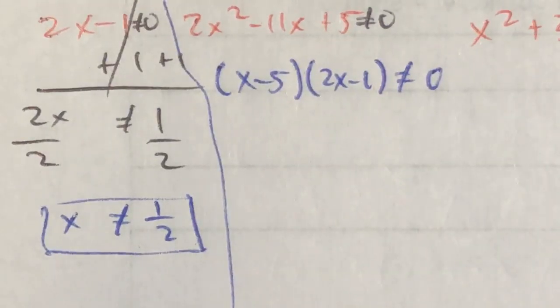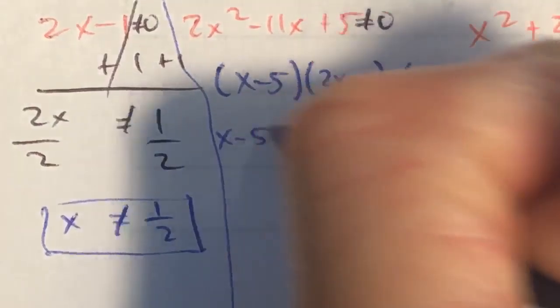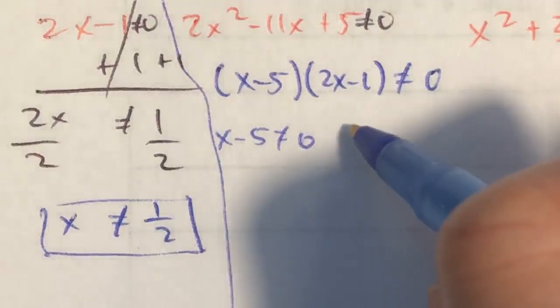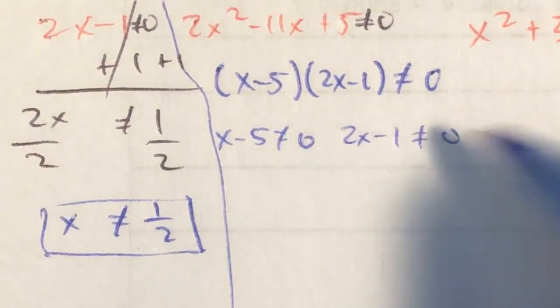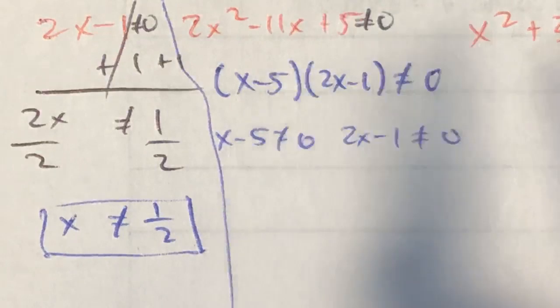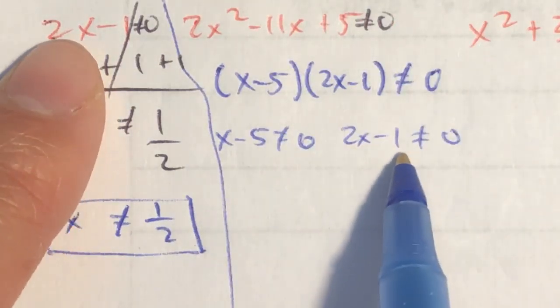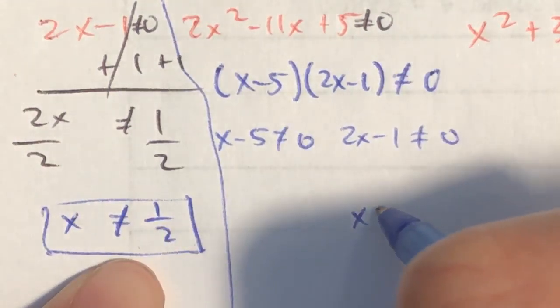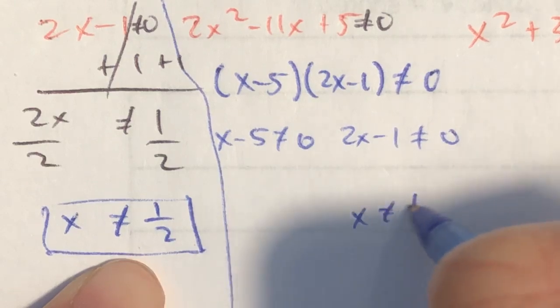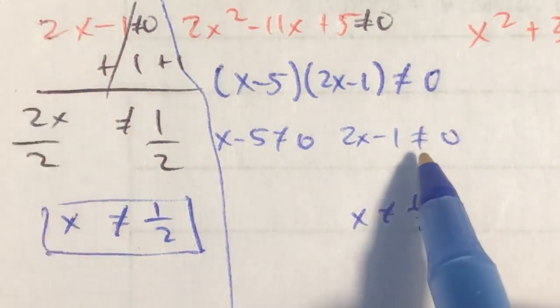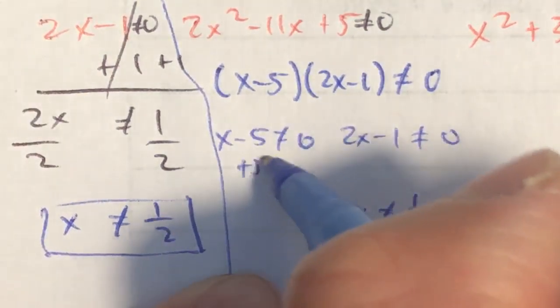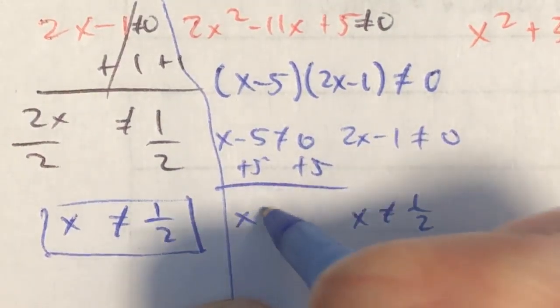And then I'm going to set each of those not equal to 0. And you'll notice that the restriction here actually comes out to be the same. And you don't have to write duplicate restrictions. I'm just kind of telling you, let's not do more work. Add 5, x is not equal to 5.